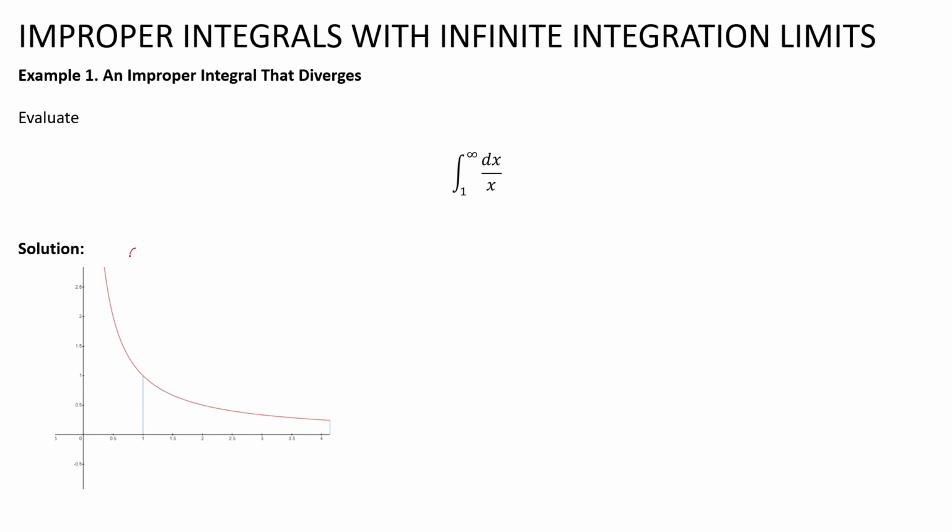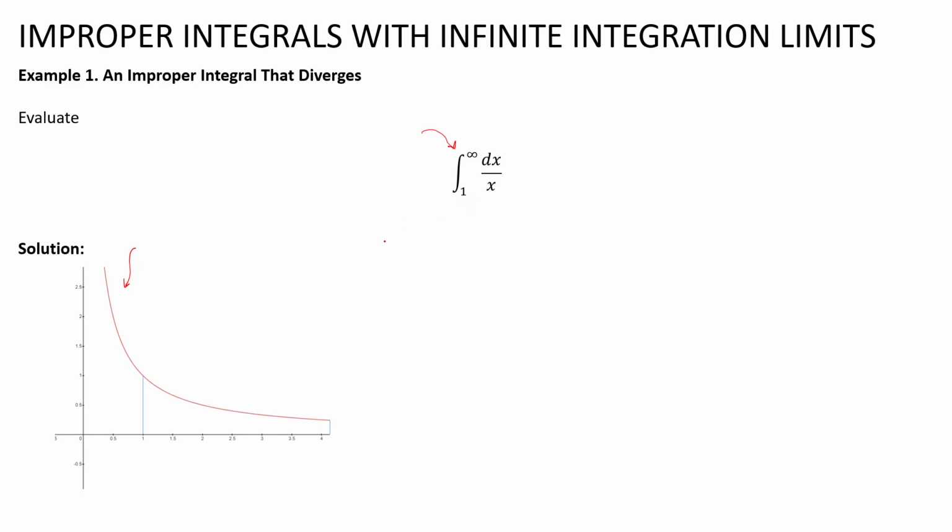Again, the shown graph here is just for guide. You may not necessarily graph the equation because from the given equation alone, we can already say that this one is an improper integral, because we have a limit of infinity on the upper portion.